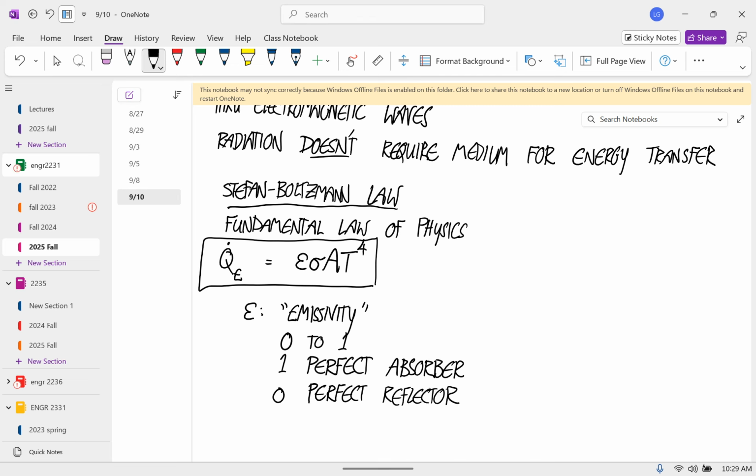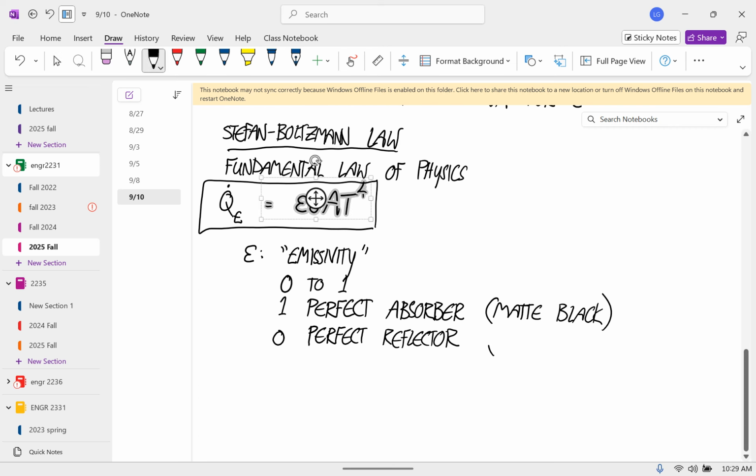So you can think of this one as like a matte black. The perfect reflector, you can think of that as like a shiny white.